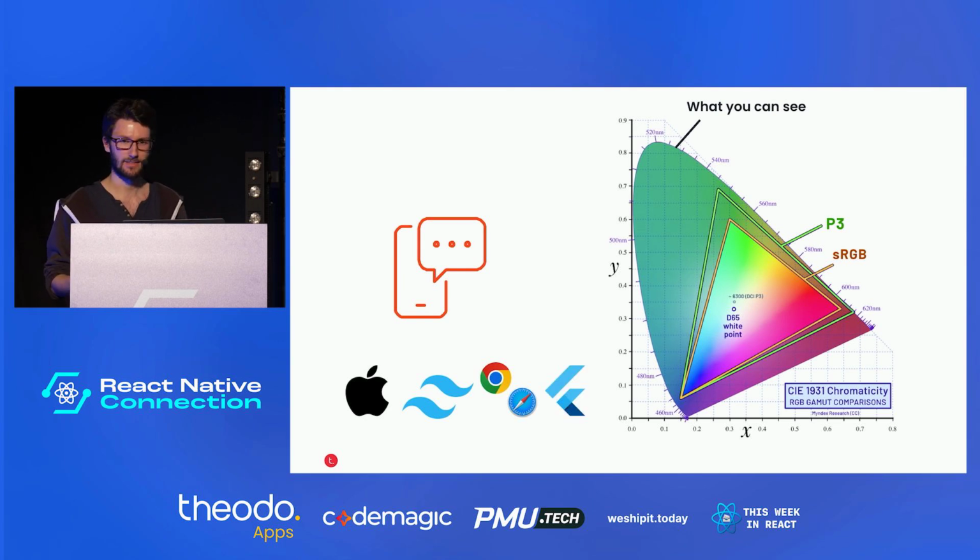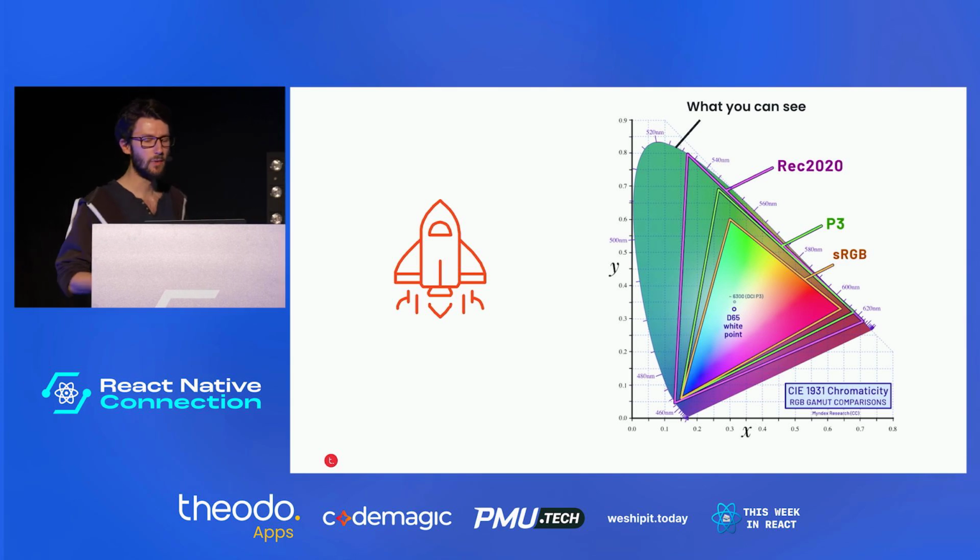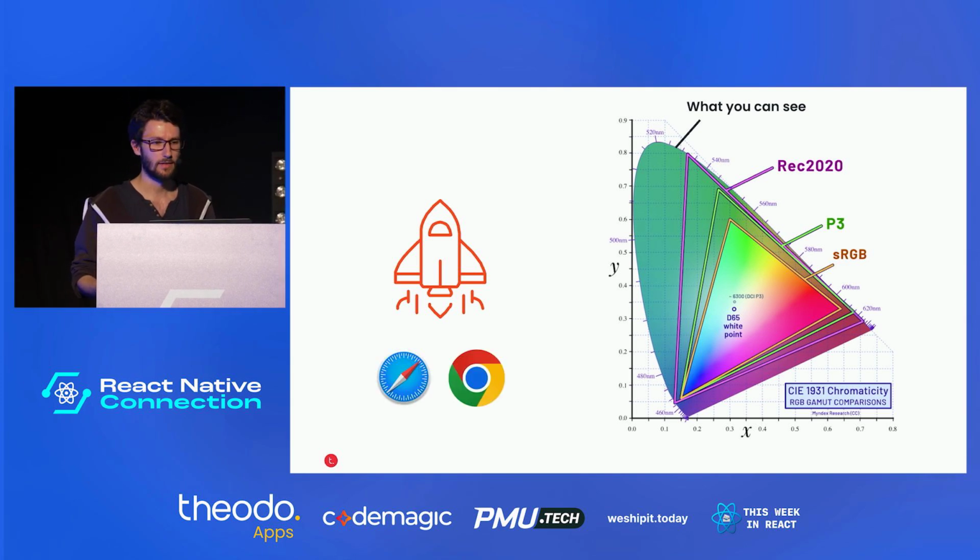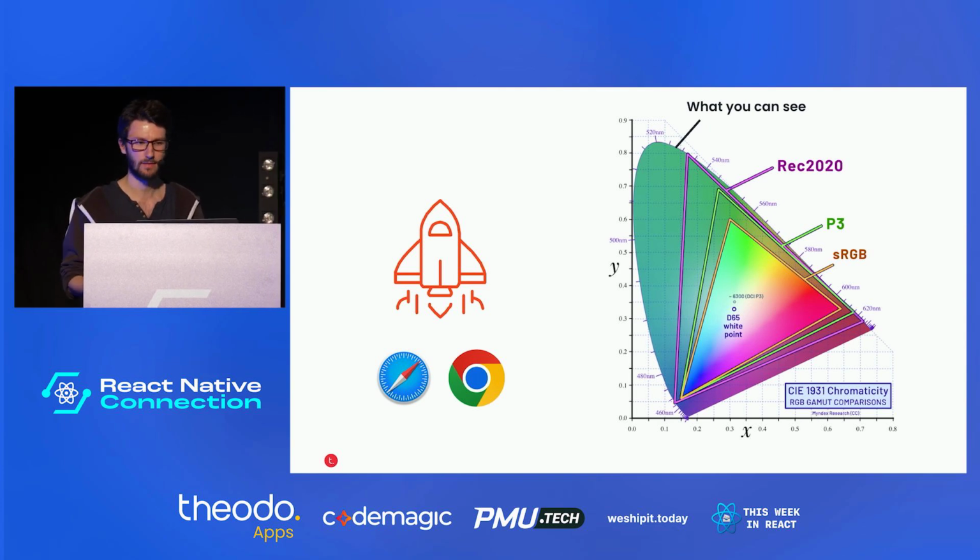They have access to colors in P3, and we don't, so we should do something. And in the future, we will have another standard, the Rec. 2020, with even more colors. And there's Safari and Google Chrome on it. You can have APIs to access those colors, but you will probably not find any screen that can display those colors.